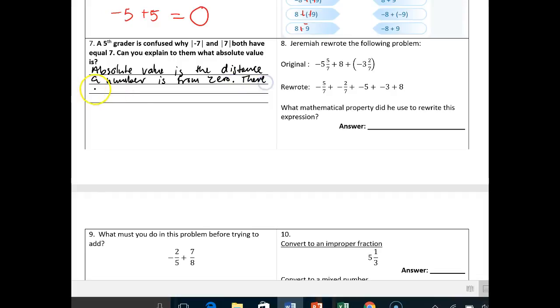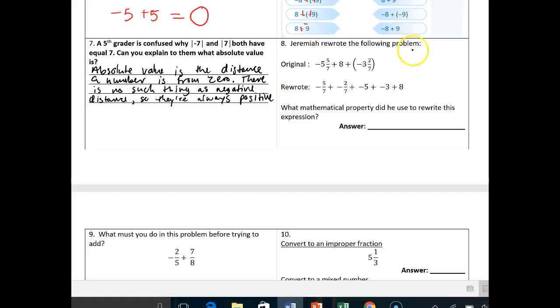There is no such thing as negative distance. So they're always positive. Right?